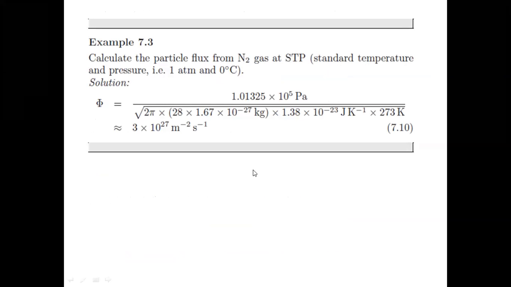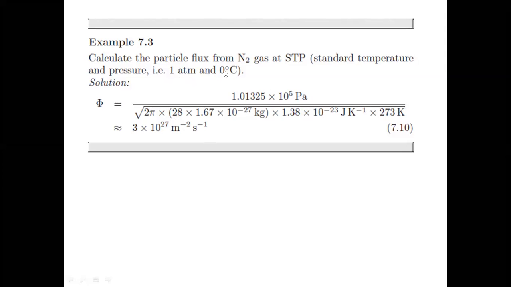Okay, example. Calculate the particle flux for nitrogen gas at STP. STP means standard temperature and pressure. This means we have 1 atmosphere and 0 Celsius. So we substitute all constants, the pressure and the temperature.